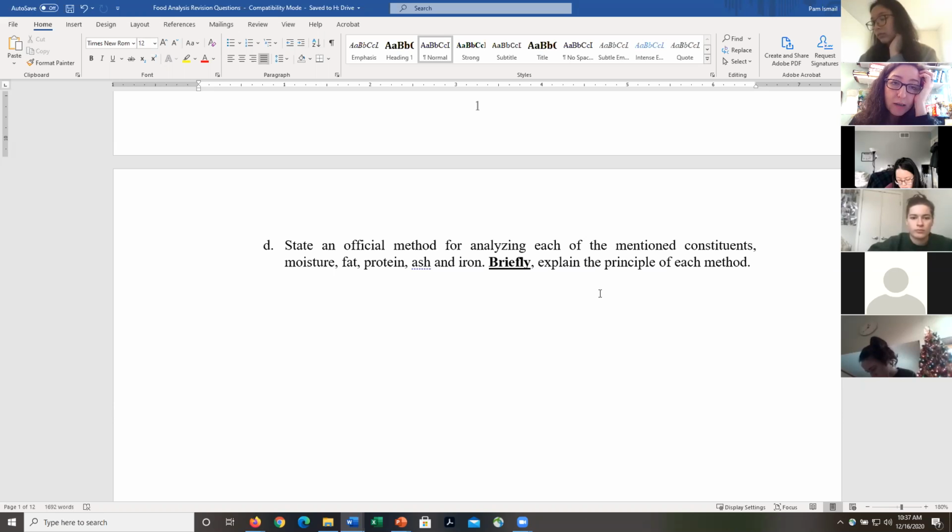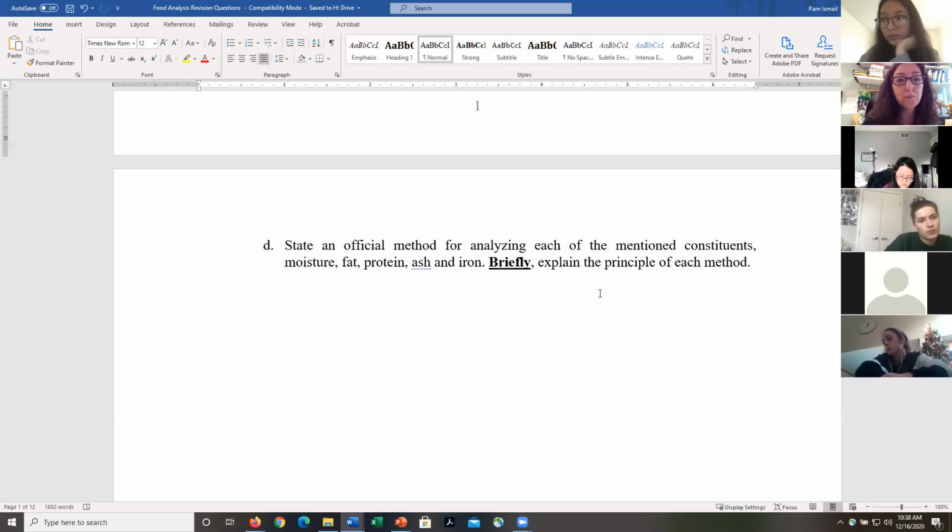So combustion at high temperature, all gases get scrubbed, nitrogen gets analyzed by thermal conductivity detector, and then use a conversion factor to get to the protein. If you use Kjeldahl, the sample is digested with a concentrated acid, distilled with a base, and titrated with an acid to get the nitrogen content, which is then converted to protein.